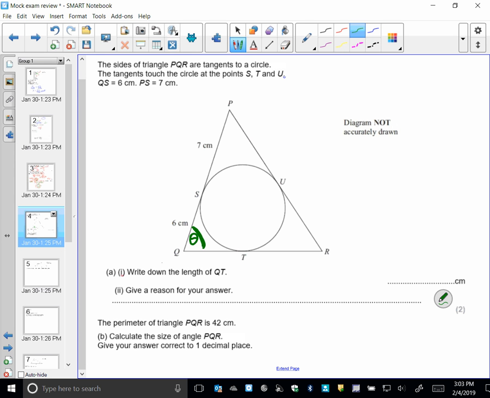We've established that this length here is 6, yes? Is there anything else that we could label? Jamie? No, this one is 7.